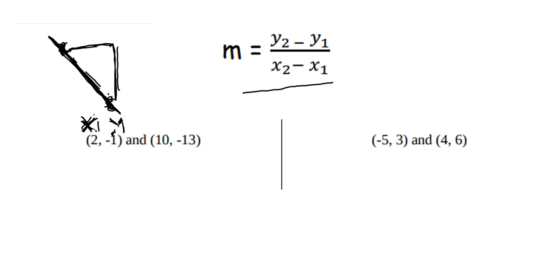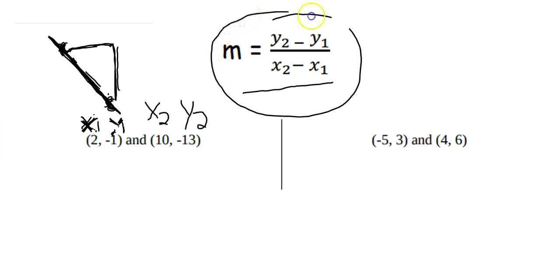On my second point, which is (10, negative 13), I have my x2 and I have my y2. So I can see now where these variables are actually coming from. y2 is the y coordinate of the second point, y1 is the y coordinate of the first point. x2 is the x coordinate of the second point, x1 is the x coordinate of the first point.